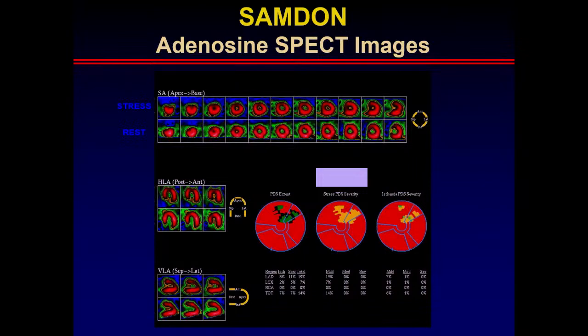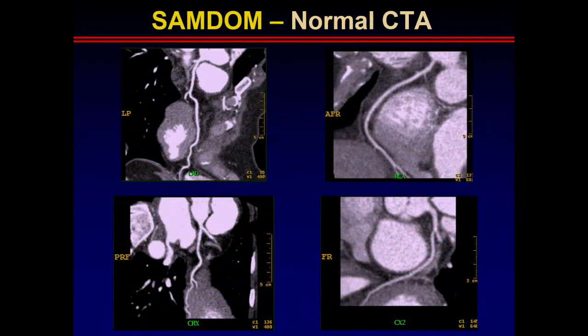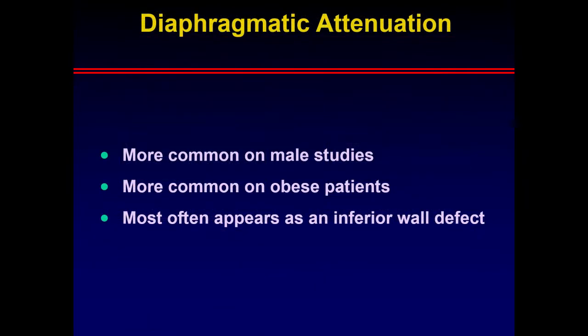And this is just an example of a patient where there was breast attenuation on the stress images, but not on the rest images. It called ischemia, and the patient had a completely normal CT, which was totally avoidable if we had just re-imaged or had CT or prone imaging to look at that patient.